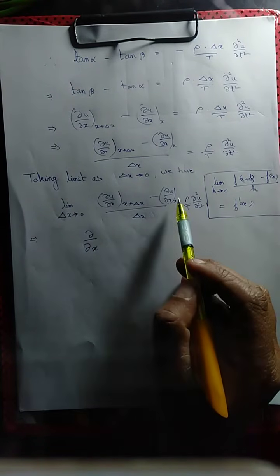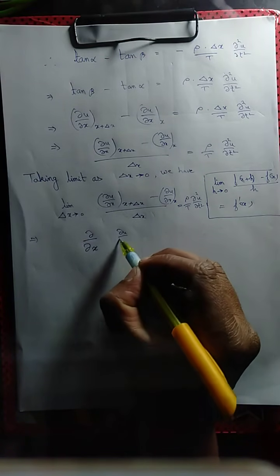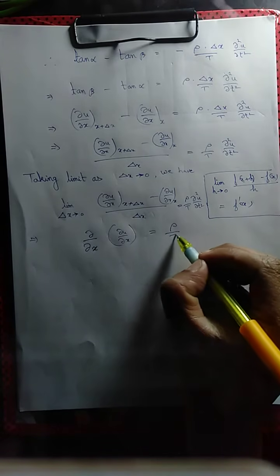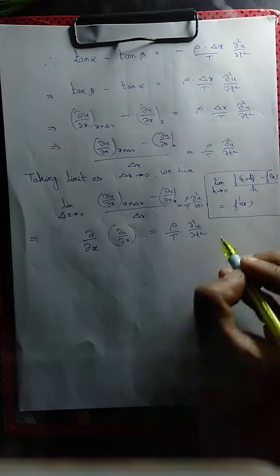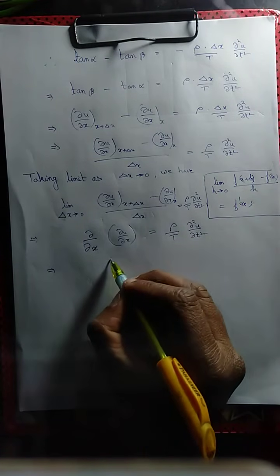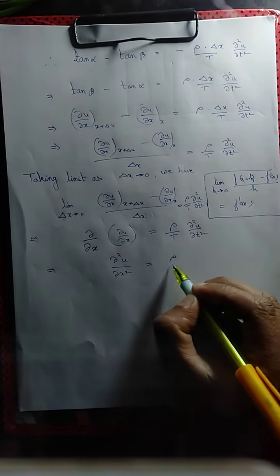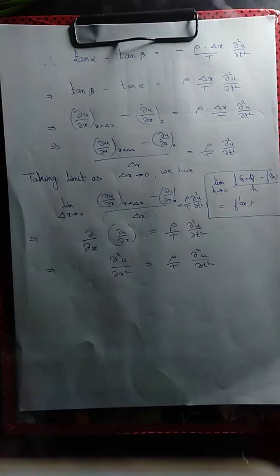Del x of that f, and that f is del u by del x, equal to rho by T del 2u by del t square. So that can be written as del 2u by del x square equal to rho by T del 2u by del t square.